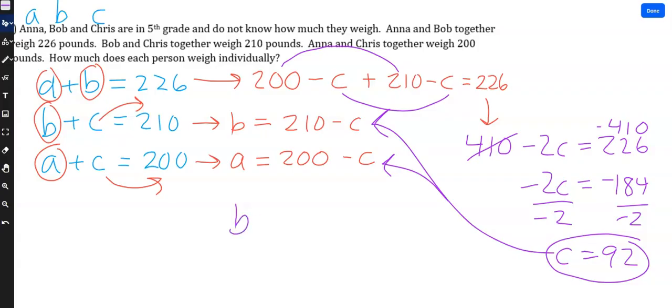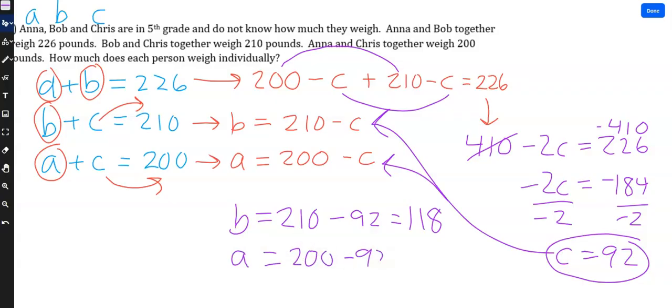So Bob is 210 minus, not plus, minus 92. Bob weighs 118. And Anna is 200 minus 92, 108. Yep, 108.